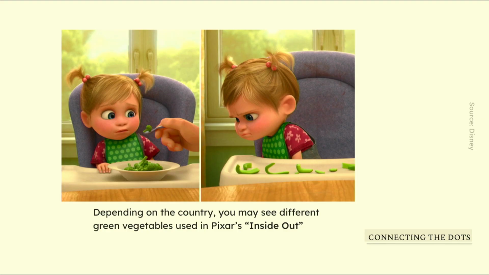But in the Japanese version, the vegetable is changed to bell peppers, because in Japan, kids generally don't like bell peppers. This is a small change, which is a brilliant example of localization, adapting your content to align with the region or the country in which you are providing the experience. It is a simple yet powerful way to ensure a story actually connects with the audience or the users using your service.